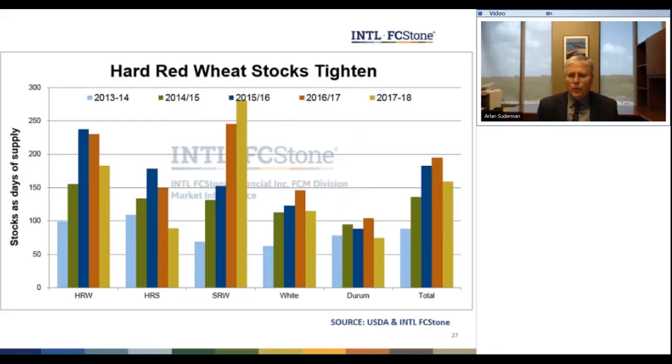As we look at the wheat by class, soft red winter wheat here again has the biggest problems with just a lack of demand to consume the surplus bushels that we have, almost a 9-month, 8.5 month or so surplus of soft red winter wheat. Hard red winter wheat not looking so good. I was really surprised.